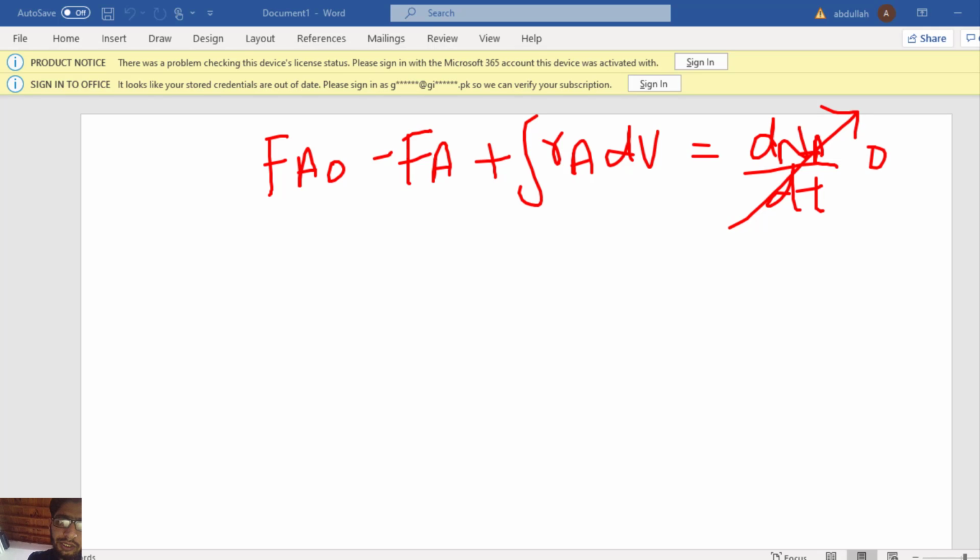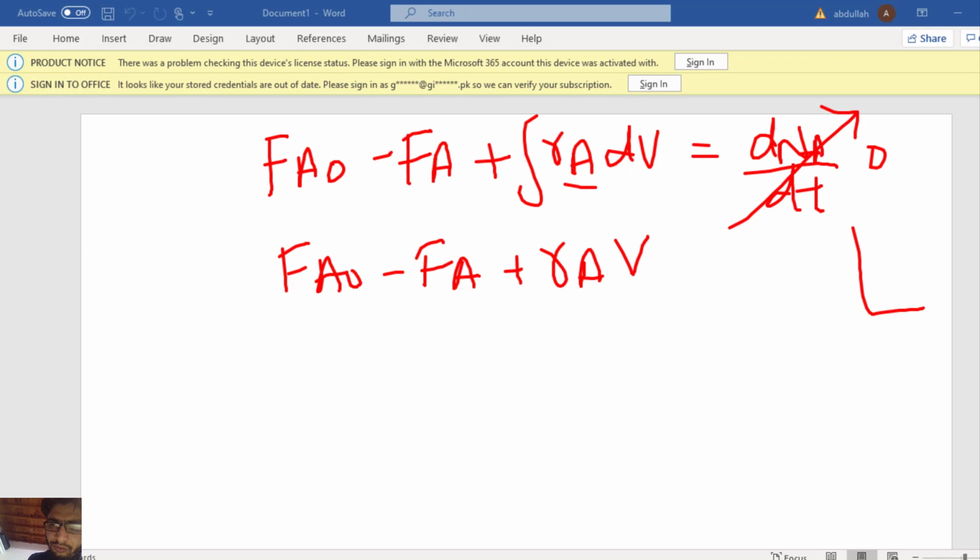Now this is constant, so FA0 minus FA plus RA into V, which is this volume, is equal to 0.